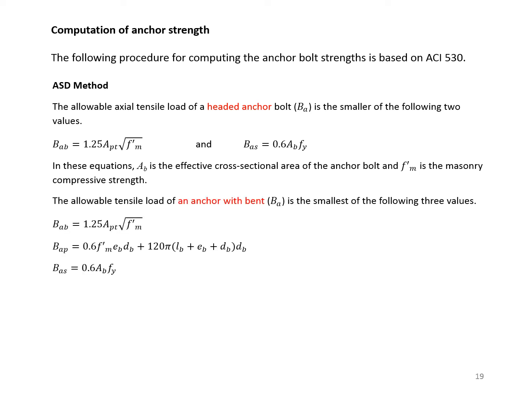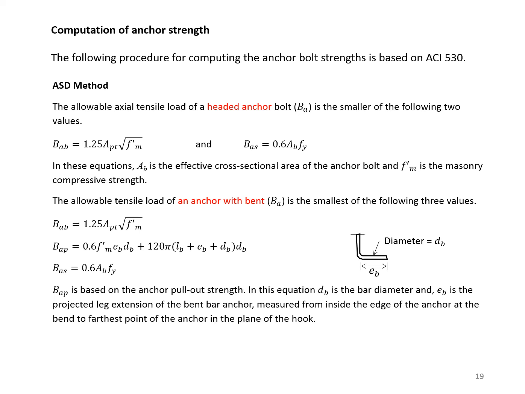The allowable tensile load of an anchor with bend, BA, is the smallest of the following three values. BAB is equal to 1.25 APT square root of f prime m. BAP is 0.6 f prime m EB dB plus 120 pi times LB plus EB plus dB, quantity multiplied by dB. And BAS is 0.6 AB FY.